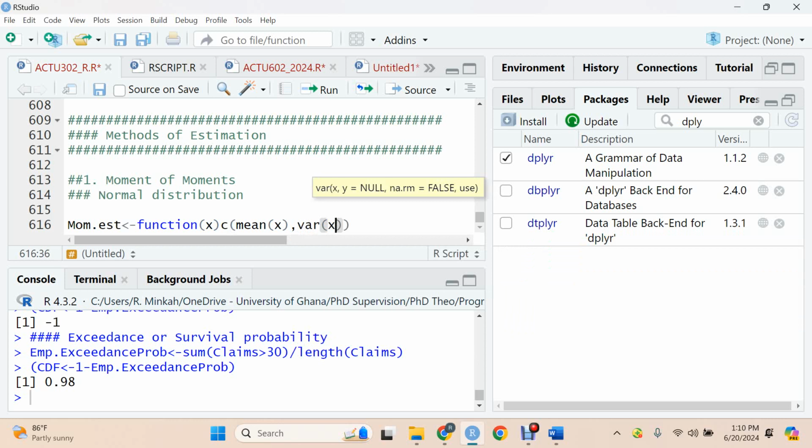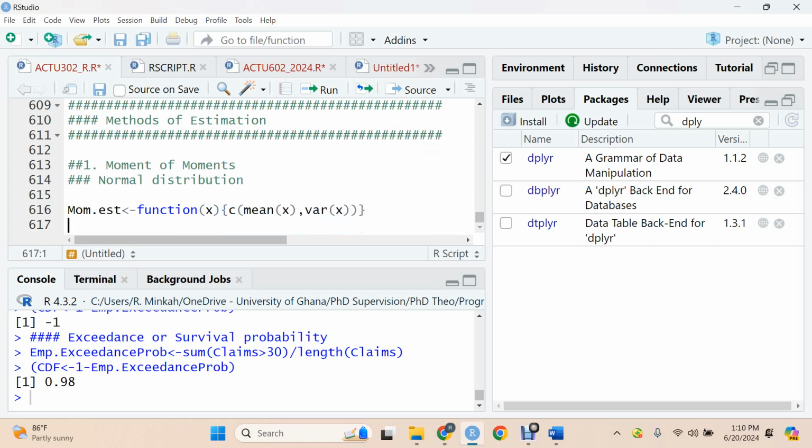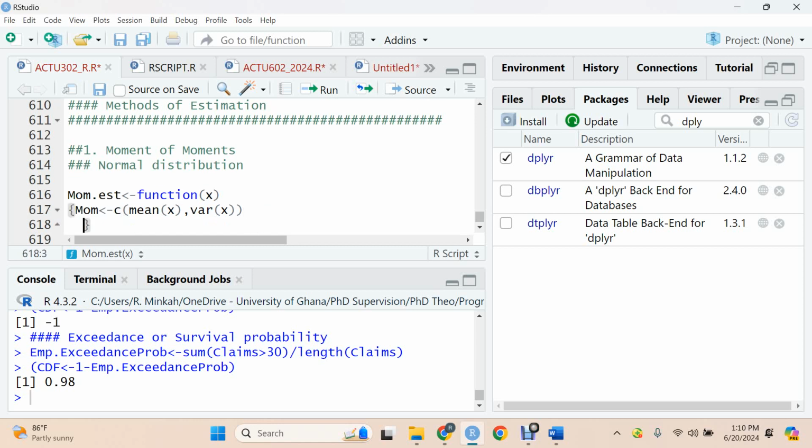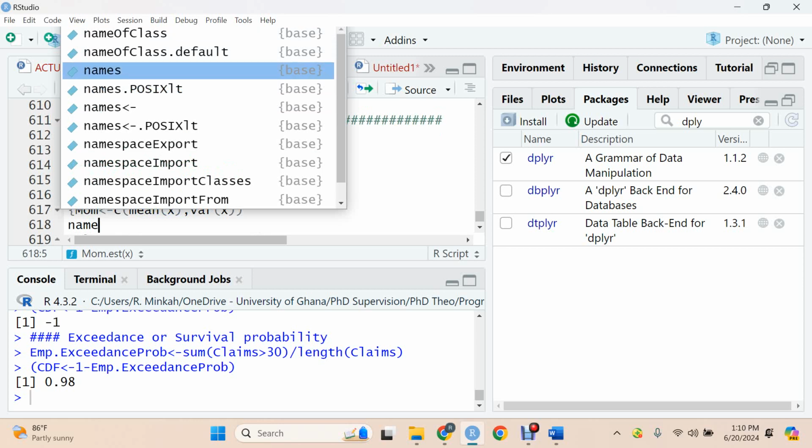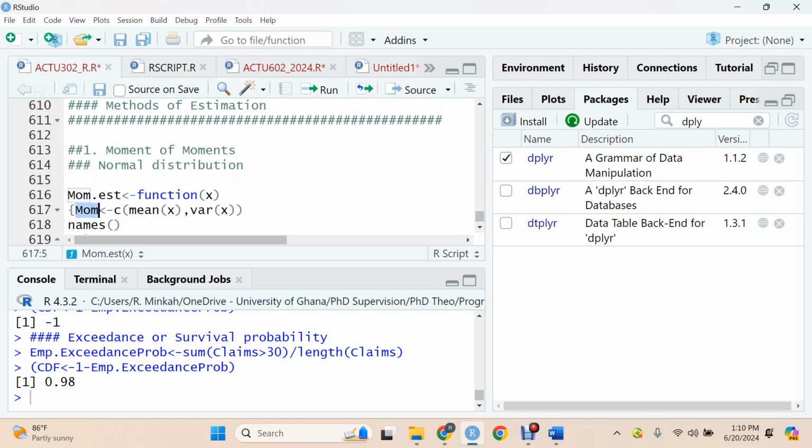This should give me the, maybe I want to name them, so I'll rather open a bracket and end it. So mom is C, so and so, and then I can name it. Names of the estimators will then be what? C. I have the mean, and then I have what?